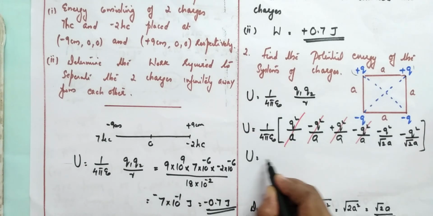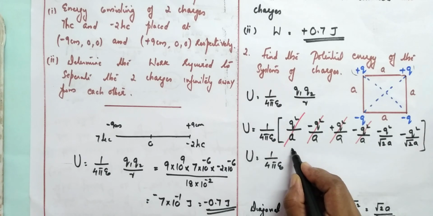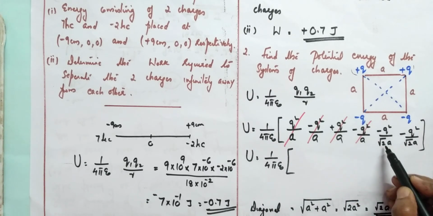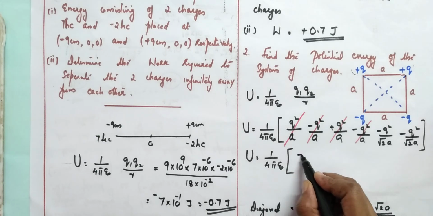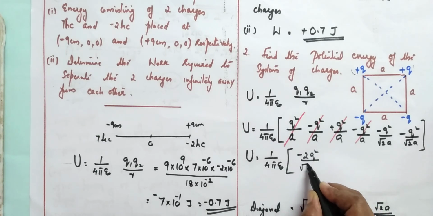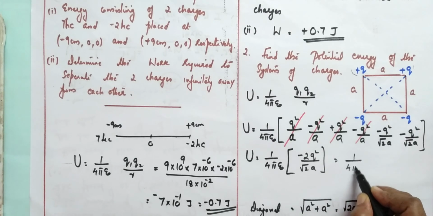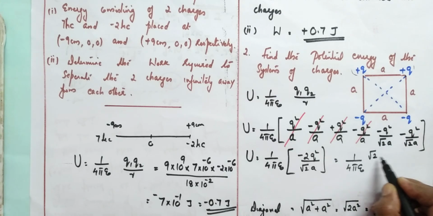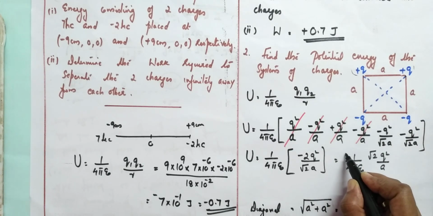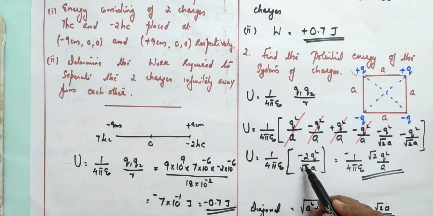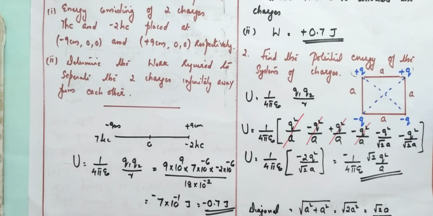So the final answer will be 1 by 4 pi epsilon 0 times minus Q square by root 2 A minus Q square by root 2 A, which is minus 2 Q square divided by root 2 A. Root 2 cancels with one root 2, leaving root 2 in the numerator. So it is minus 1 by 4 pi epsilon 0 root 2 Q square divided by A. This is the potential energy of the system of charges.